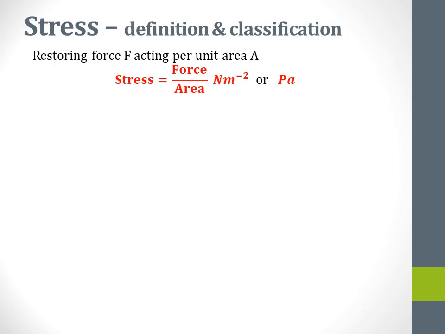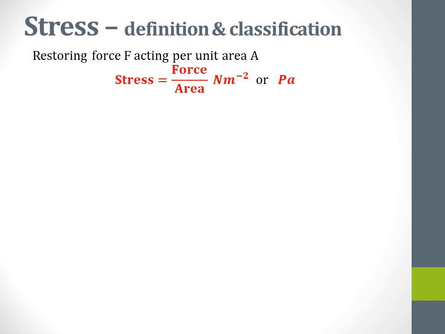We have just seen how a body undergoes deformation. Deformation occurs when a body is subjected to an external force or stress. Stress is defined as the restoring force per unit area which brings back the body to its original state from the deformed state.